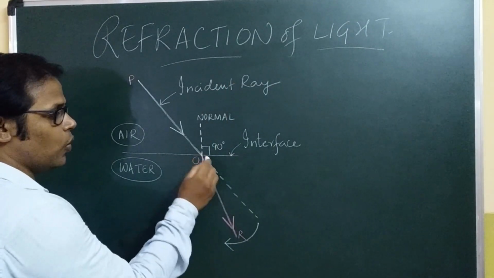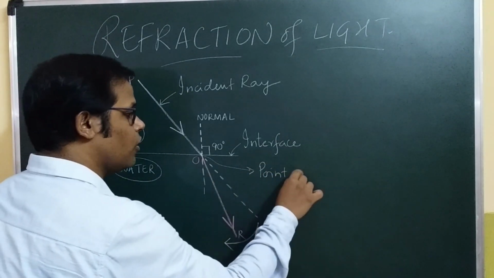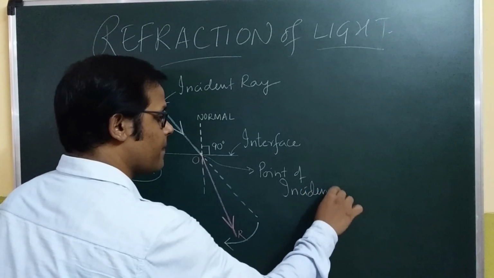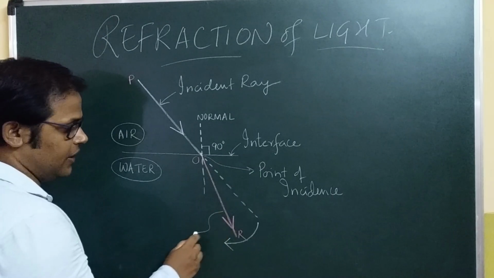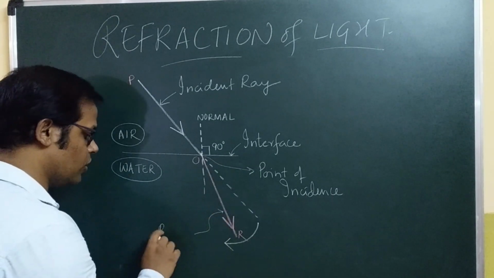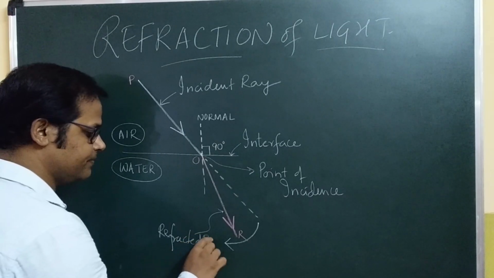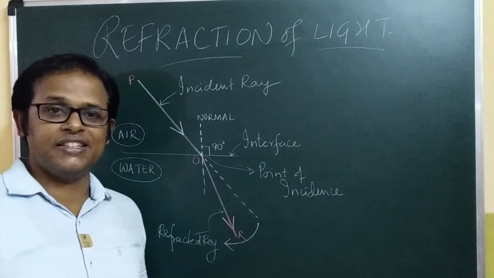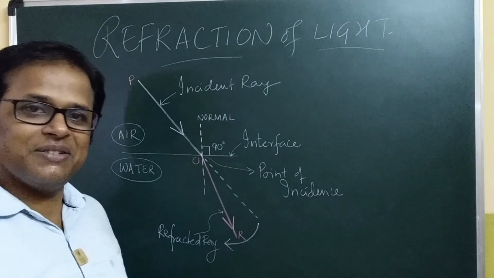The point O is called the point of incidence, and the ray of light OR, let me name it here, this is called the refracted ray of light. Okay? This happens when a ray of light or a beam of light propagates through two different transparent mediums.